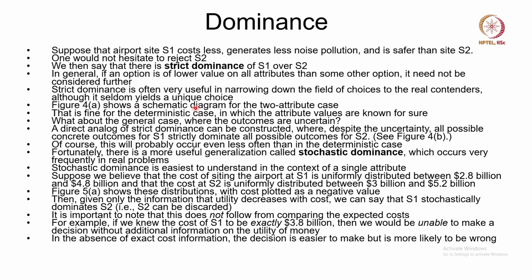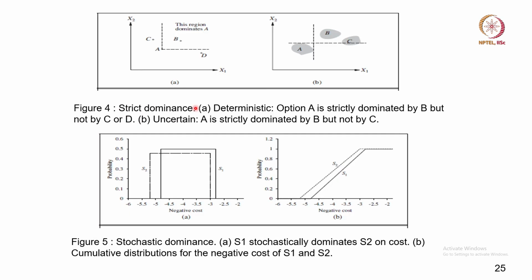So if we take this example, we can say that A is strictly dominated by B. In other words, on both attribute x1 and attribute x2, B dominates A, but at the same time, you can't say that about C and D.